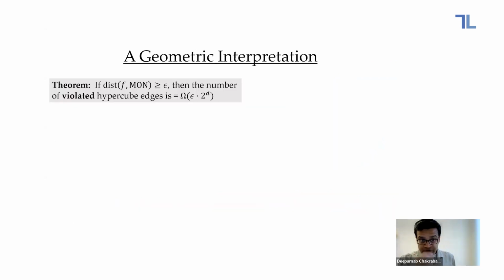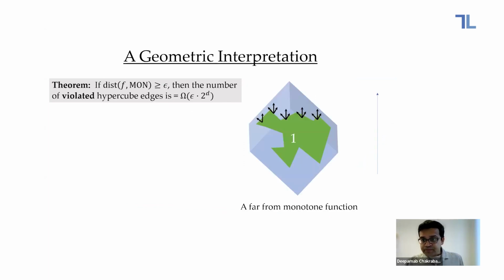Before I show the proof, let me give a geometric interpretation of this theorem. Again, I want you to think of this hypercube as a directed graph where I am directing the edges of the hypercube from lower Hamming weight endpoints to higher Hamming weight endpoints. And I want you to think of this function as a subset of this hypercube, this jaggedy green subset.